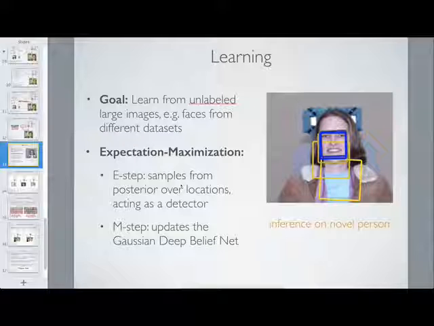In the E step, we sample the posterior over different locations. So it's like a face detector, as you see on the right. And after that, we can then update the parameters of the deep belief network that I showed you earlier, to update the model to include this person. So that's what we want to do in learning.